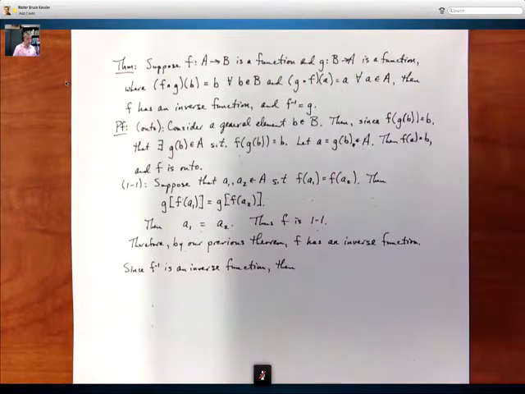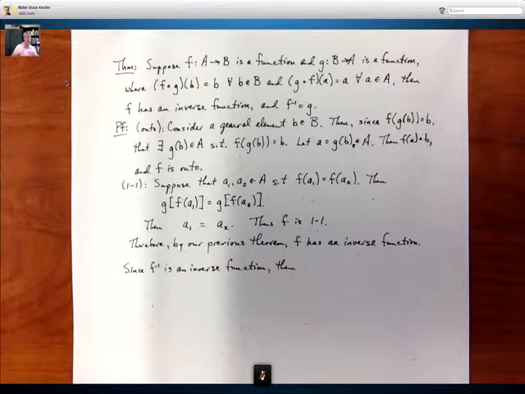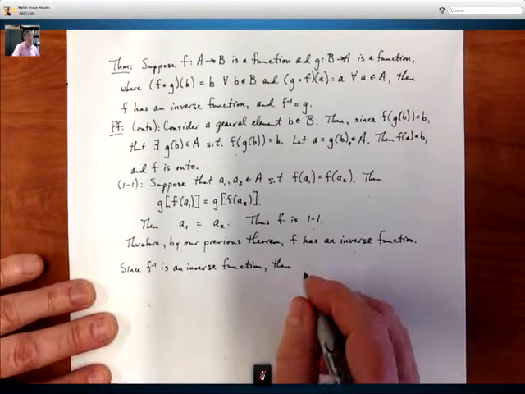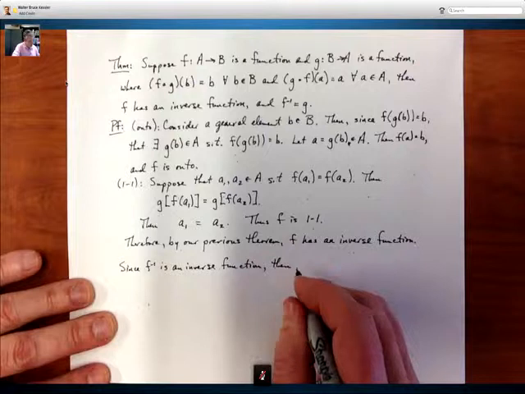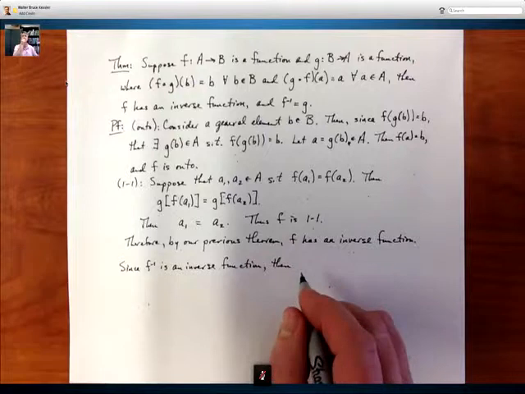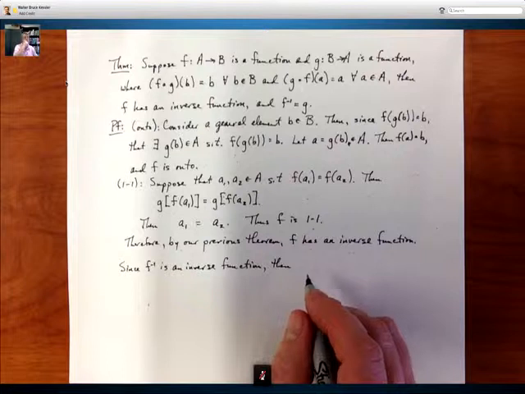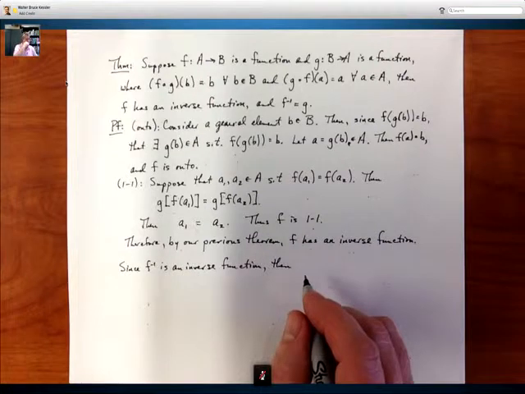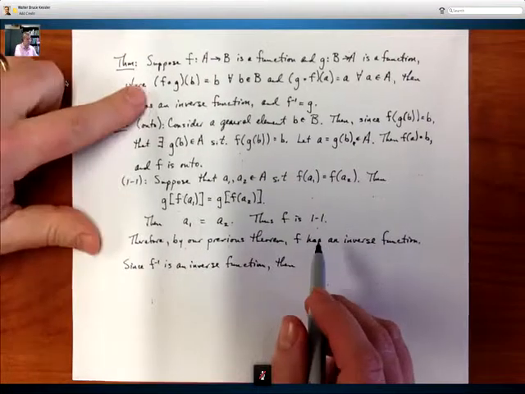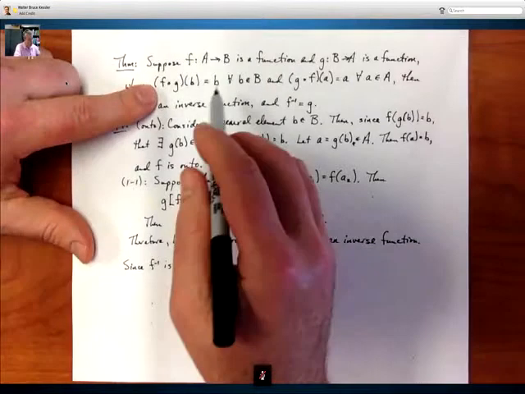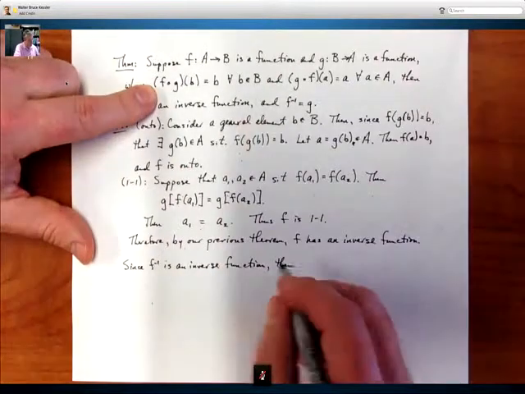Now, remember G goes from B to A, so I have to start with something in B, and then it will take it to A. But in particular, yeah, okay, I got it.